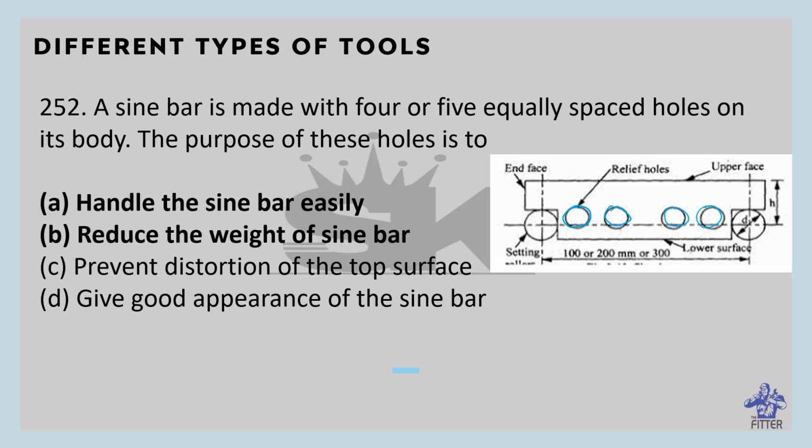So these holes are often referred to as relief holes, as they help with weight reduction and handling. They do not directly contribute to the sine bar's primary function of measuring angles.